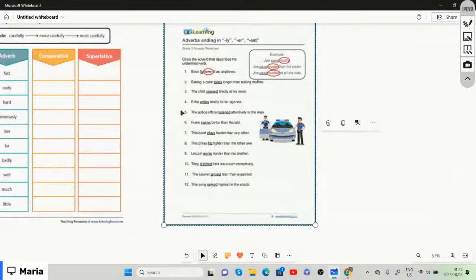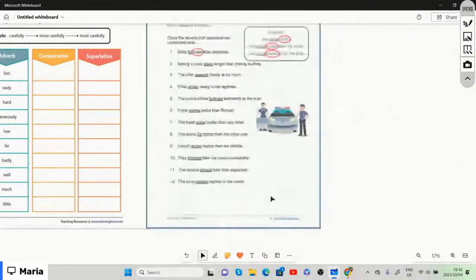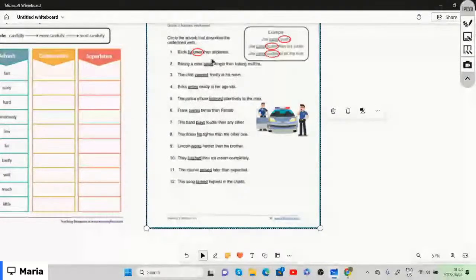All right. So now if we look at our activity over here, it says we need to circle the adverb that describes the underlined verb. The first one says birds fly lower than airplanes. And lower was chosen because they are comparing birds to airplanes, which means it is a comparative adverb.